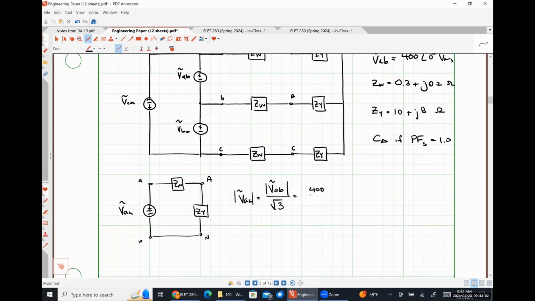So that's just going to be 400 over root 3. Realistically, we could leave it as that. And I would argue that technically for our power calculations, we only need the magnitude to begin with. So this seems like a reasonable thing.